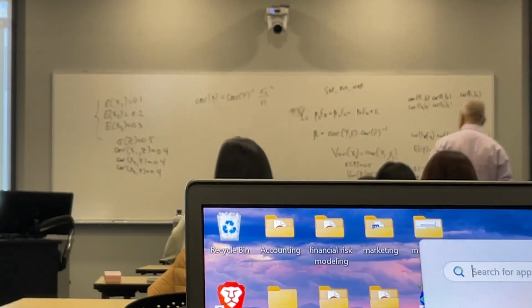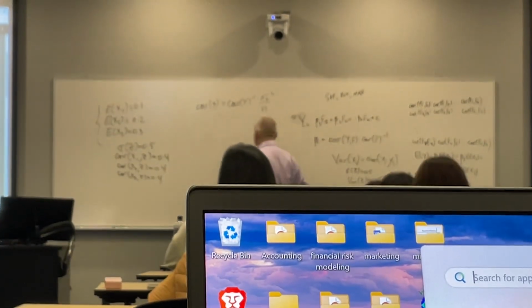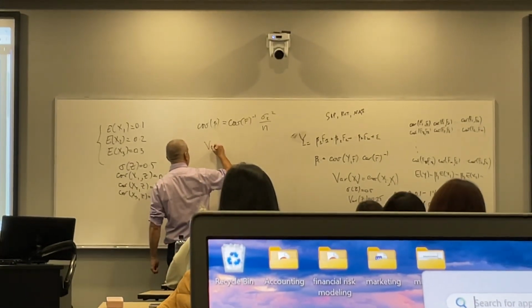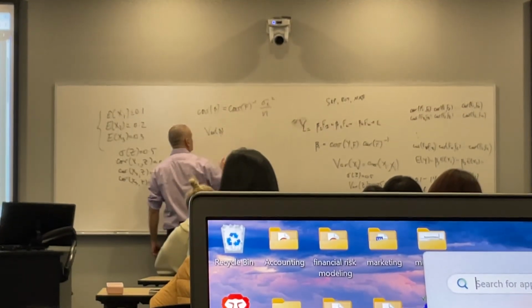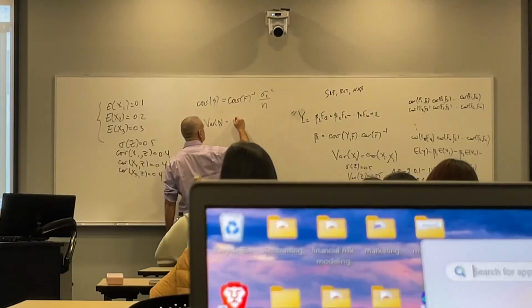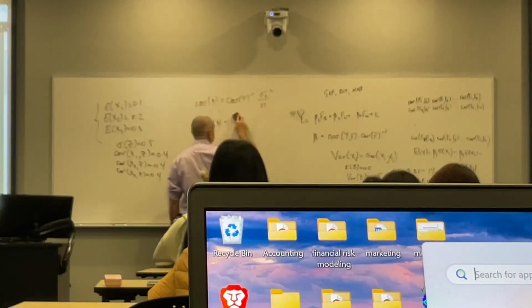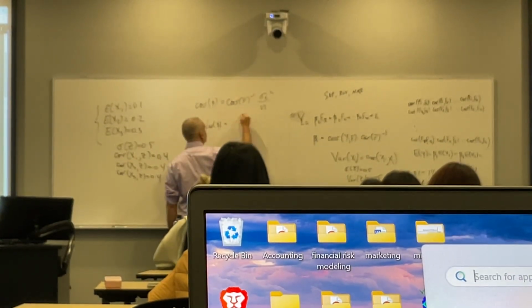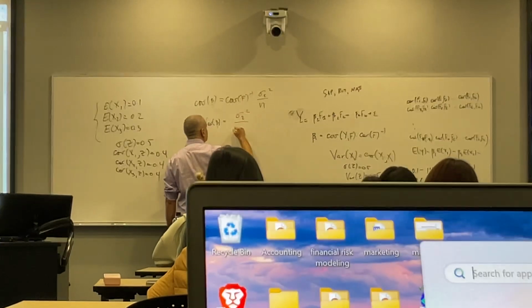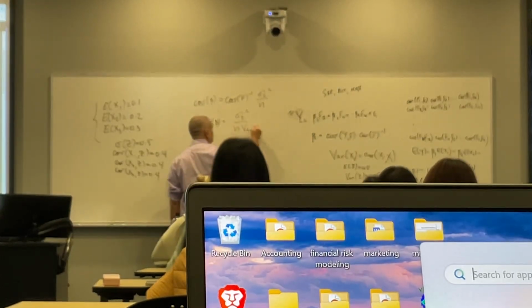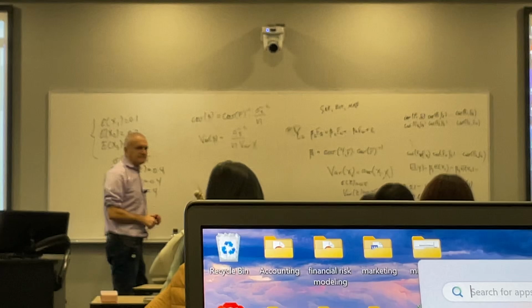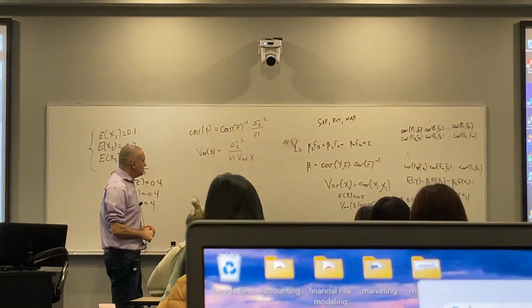In one dimension, this formula reduces to the following. The variance of beta equals sigma epsilon squared divided by n times variance of x. Okay?